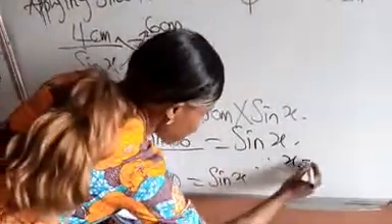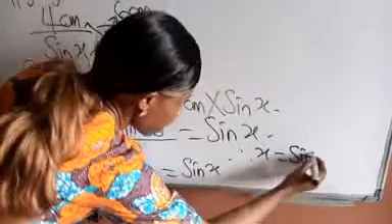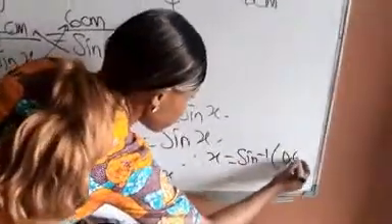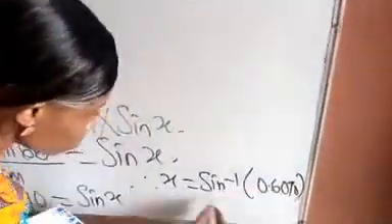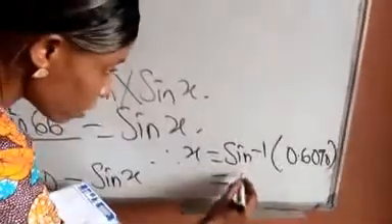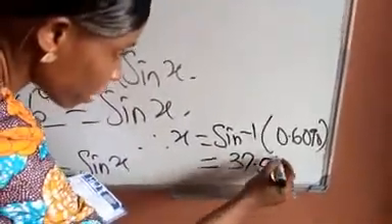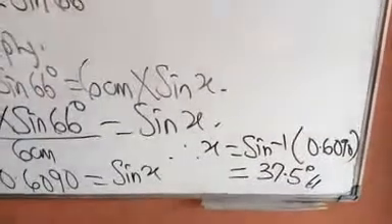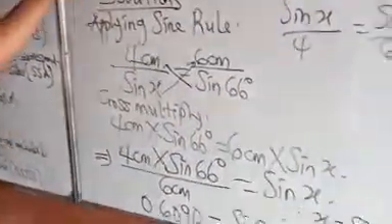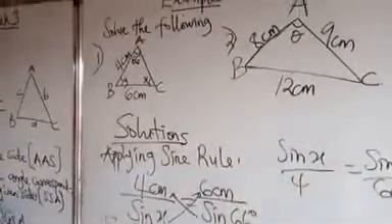Therefore, x is sine inverse of 0.6090, which is 37.5 degrees. So x in the diagram is 37.5 degrees. So we'll look for y.